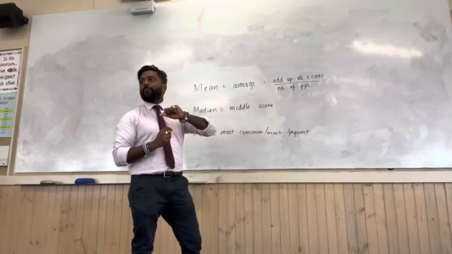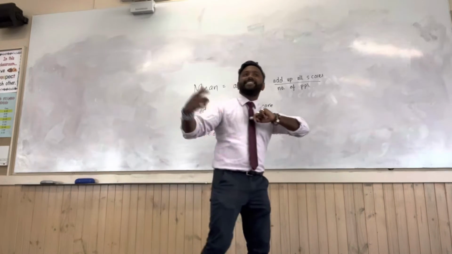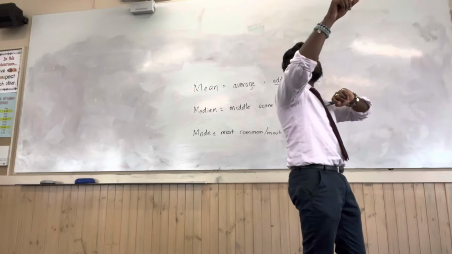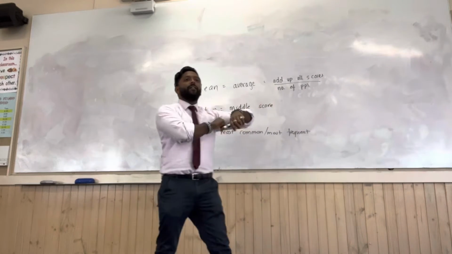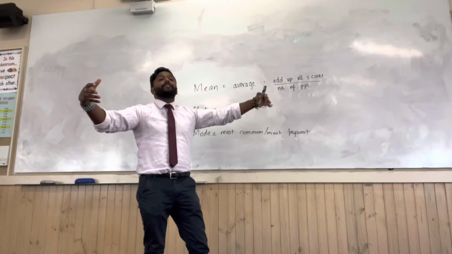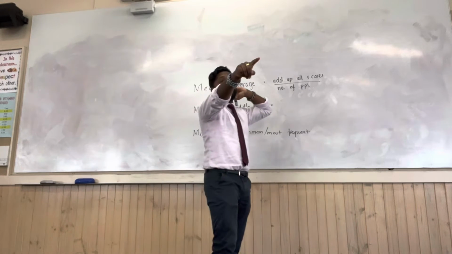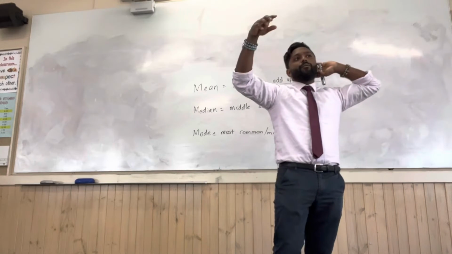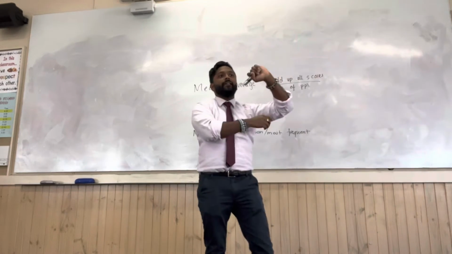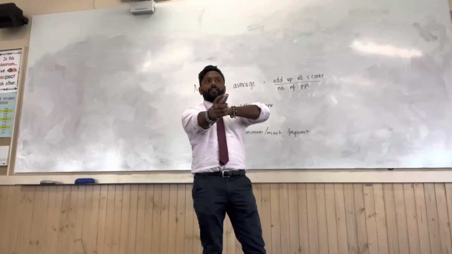So what was the add up all the scores? What scores did we deal with last week? Bella, what were the scores that we dealt with last week? 20. Yeah, but with the actual siblings, what was that? What scores were they? The amount of siblings.